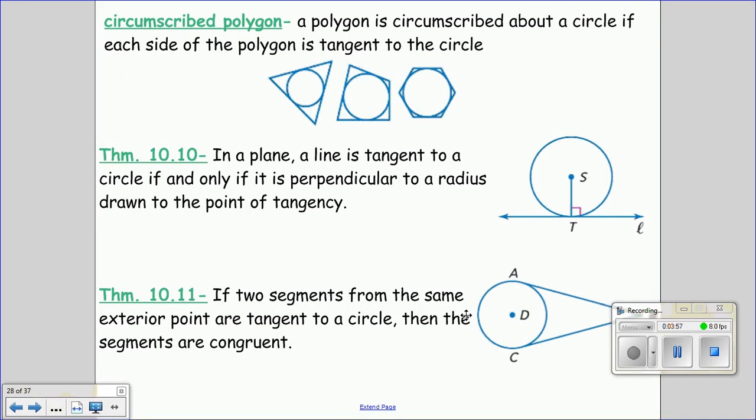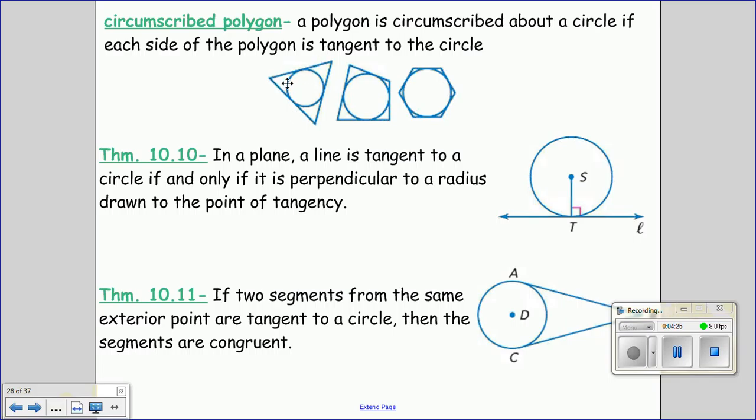A polygon is circumscribed about a circle if each side of the polygon is tangent to the circle. So on day one, we talked about circumscribed. We looked at it from a circle perspective, with the circle being the outermost figure. But truthfully, any figure could encompass or surround another.